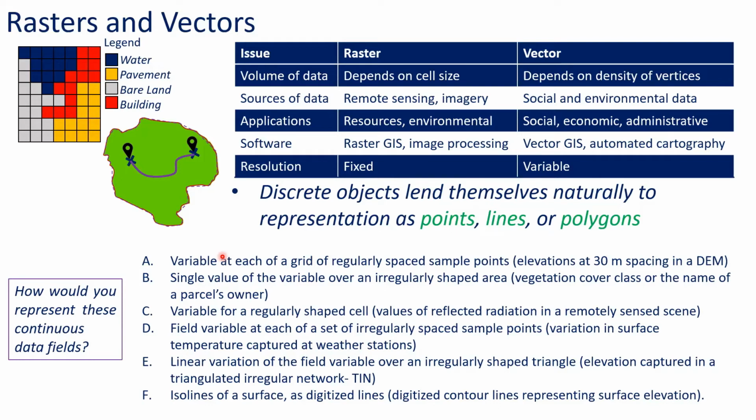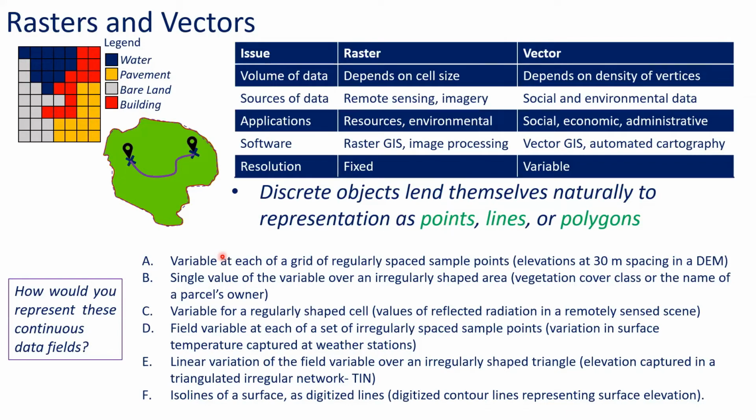Larger pixel sizes, say 25 kilometer pixels, will give you a smaller image size for the same area, as opposed to a higher resolution image of the same area, because there are so many cells in a high resolution image. So that's the difference: the size of the raster depends on the cell size.